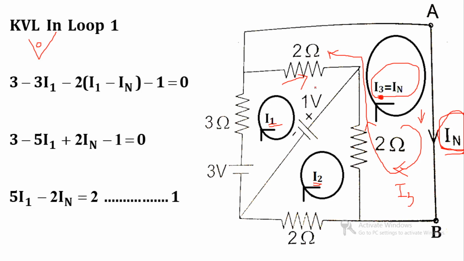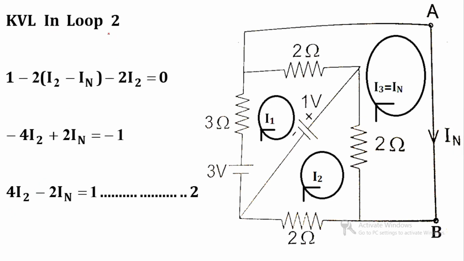So I1 goes in this direction, IN or I3 goes in this direction. So I will write I1 minus IN minus 1 volt equal to 0. Simplifying, 3 minus 5 I1 plus 2 IN minus 1 is equal to 0. So the loop 1 equation will look like this: 5 I1 minus 2 IN is equal to 2.